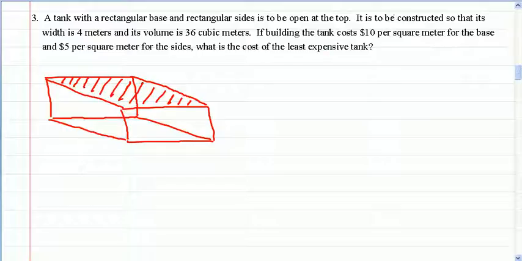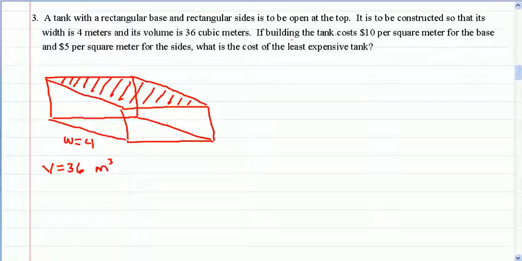The second sentence says it is to be constructed so that its width is 4 meters and its volume is 36 cubic meters. So the width is 4 and the volume is 36 cubic meters.